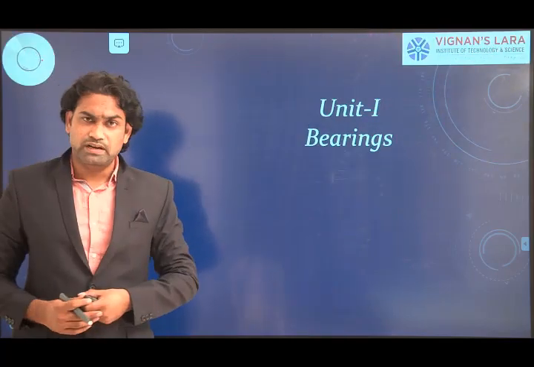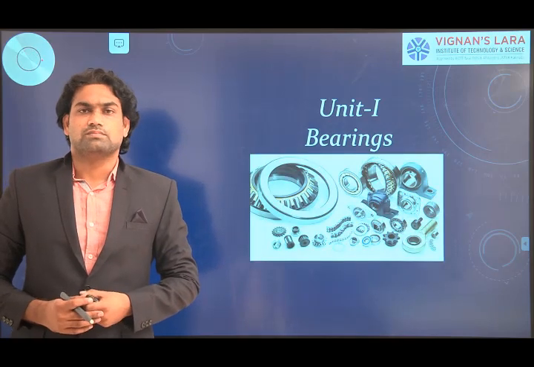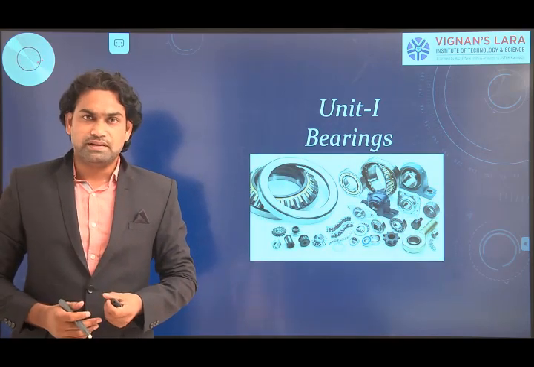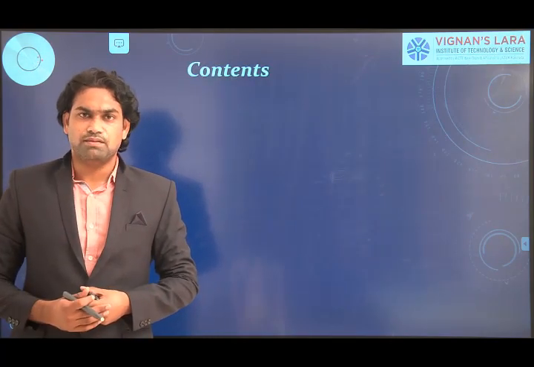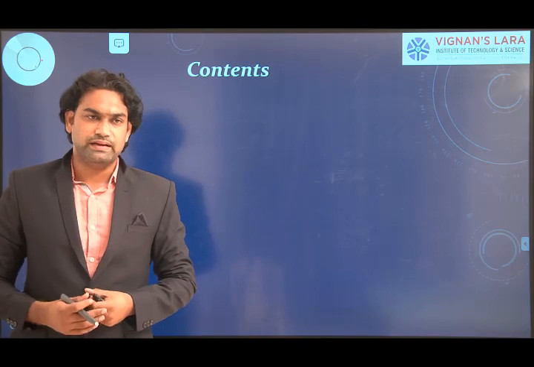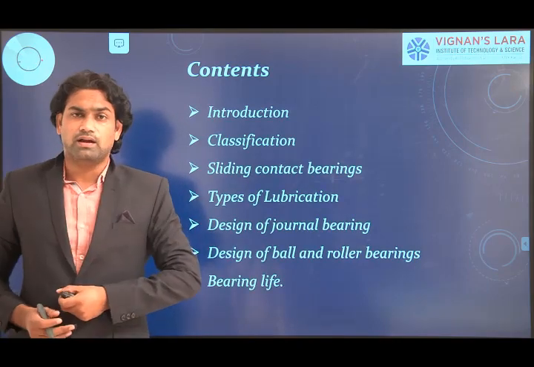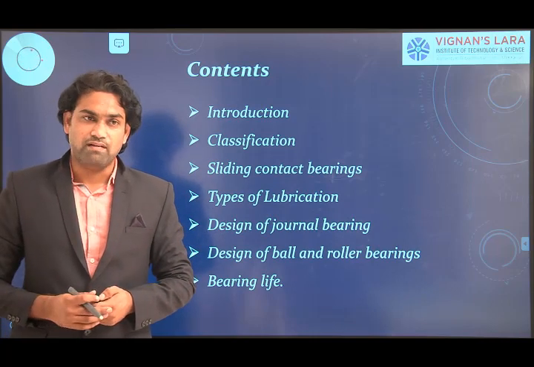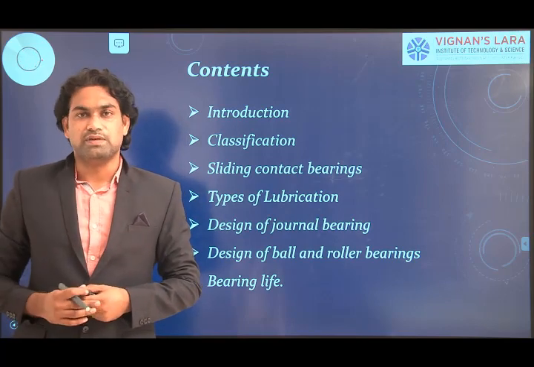Next, coming to the syllabus, unit 1 is bearings. It consists of the introduction: why bearings are essential in machine components, what the need is, and where they are applicable. Then the general classification of bearings: what different types we have, and the criteria used to classify them.